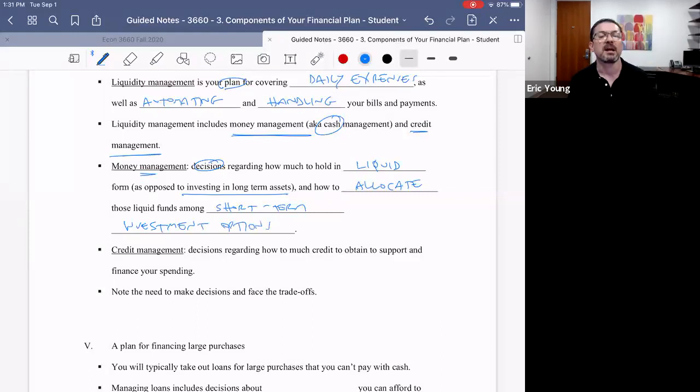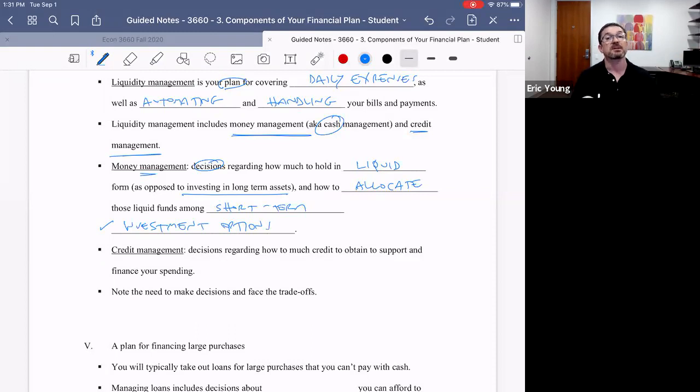Note that while many people think of investments as stocks and bonds and long-term things, and that's correct, in this context, we're considering any place where you can hold your cash to be an investment option, because you do have options. You can put all your cash in a checking account, in a savings account, in a money market account. There's different options.